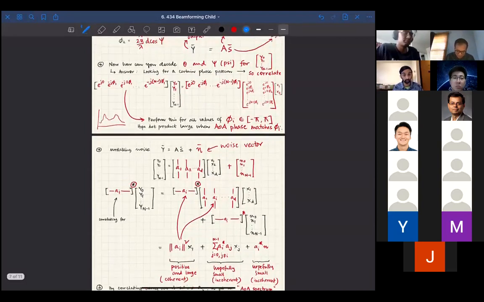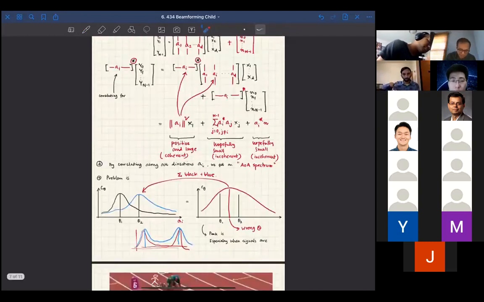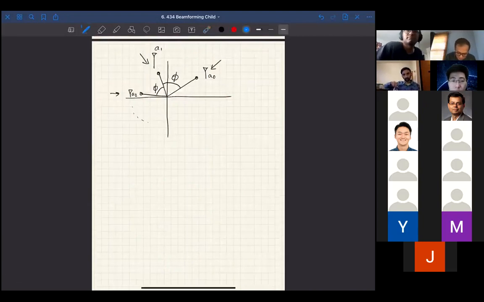We said that there are D signals, so there are multiple signals coming. The second signal is also coming to A0, and that one is shifted by some other phase that depends on the angle of arrival. Let's say that other phase is psi.